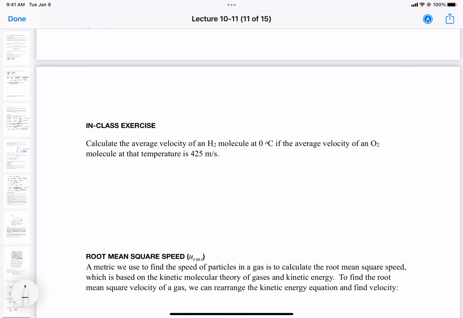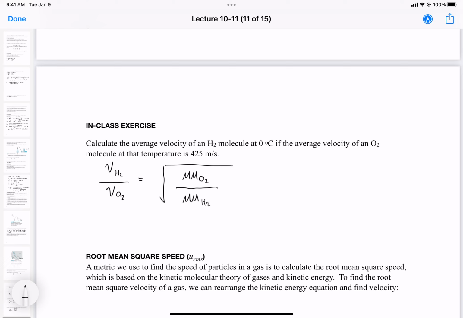Okay? So we have velocity of hydrogen over oxygen, and we know it's equal to the square root of their molar masses, inversely, so the molar mass of O2 over the molar mass of H2.